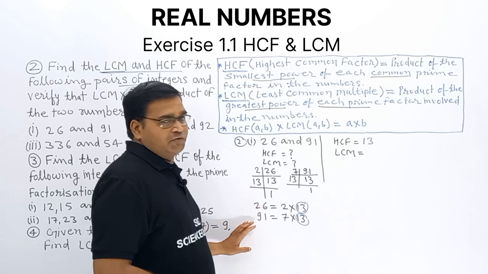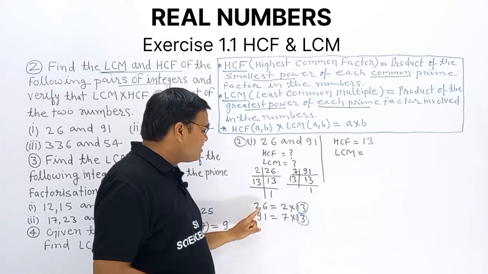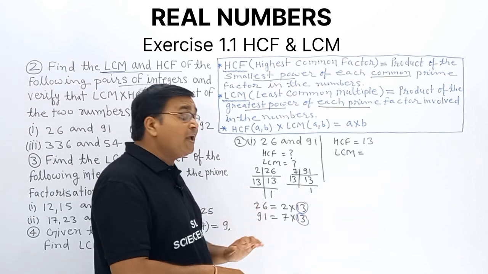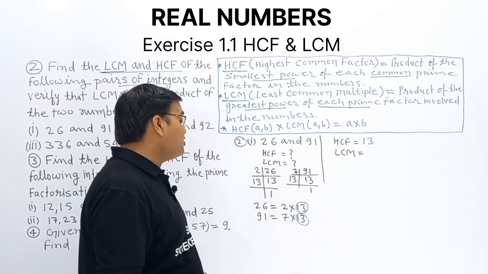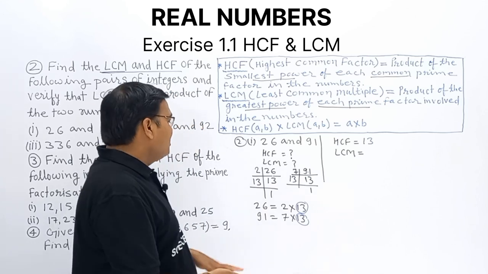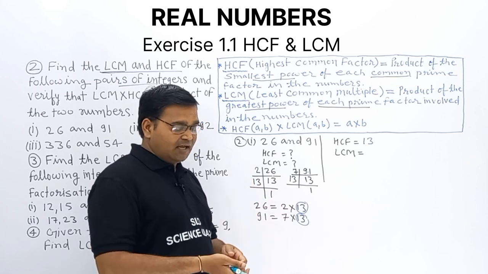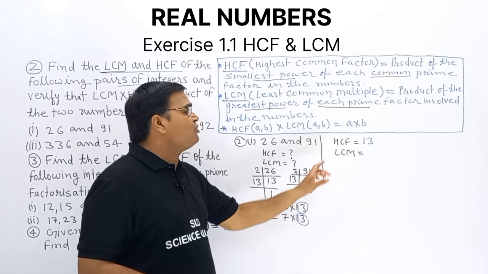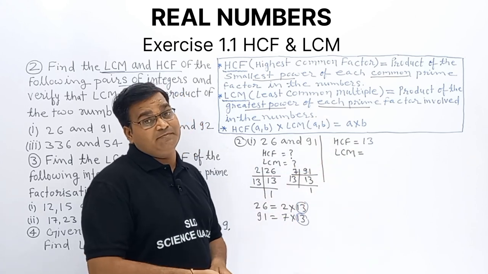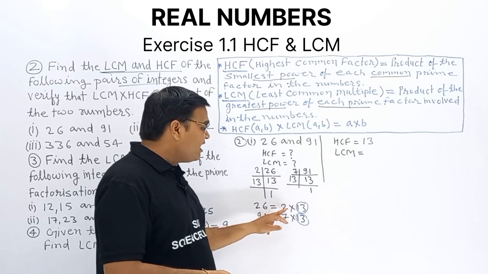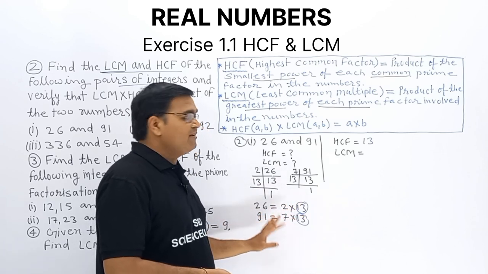Now, how many different types of factors do we have in both? We write each different factor in the LCM. So we have 2, 13 and 7.